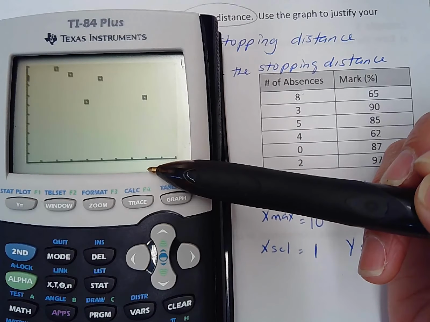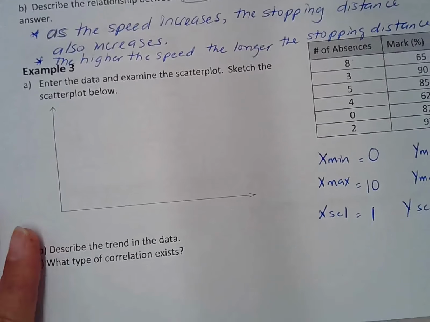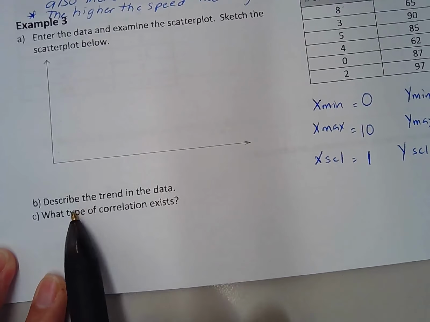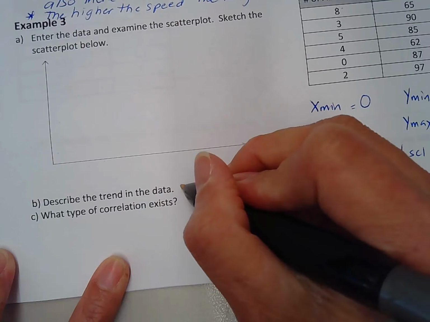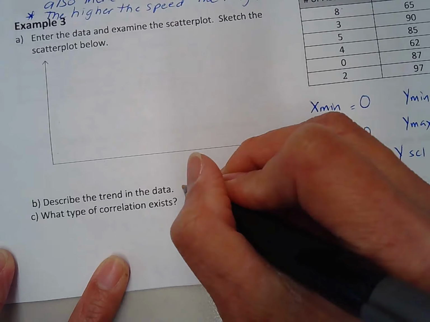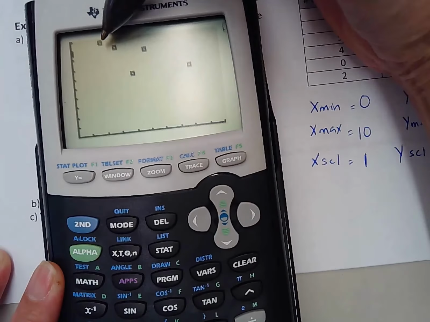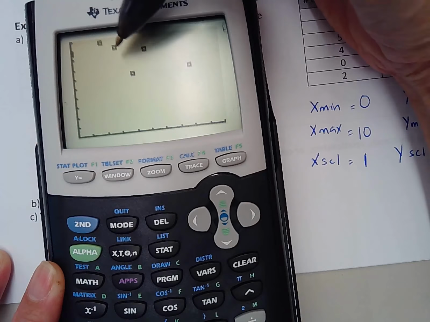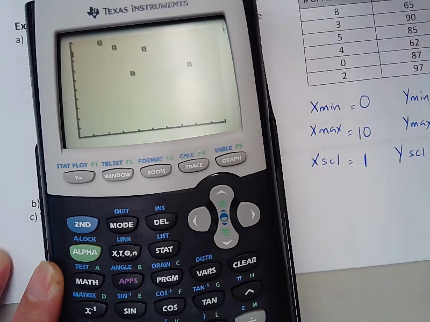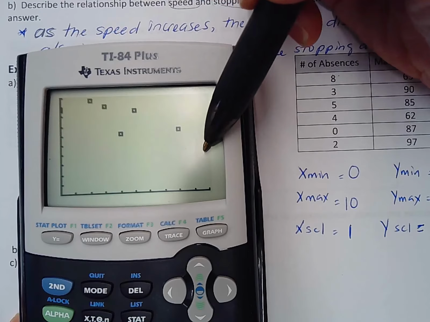Okay. So what do you think is the trend here? Describe the trend. As x increases, as the number of absences increases, the mark decreases.